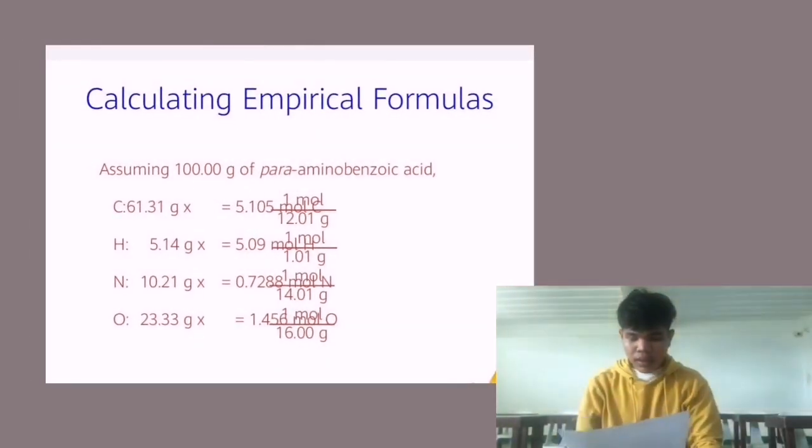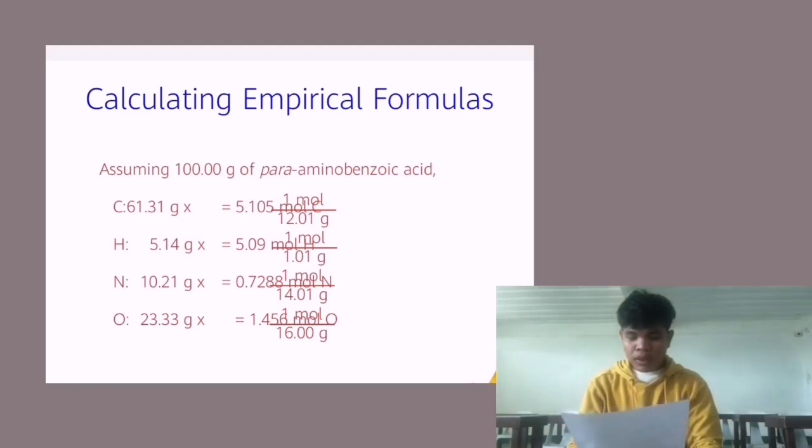Calculating empirical formulas. Assuming 100 grams of para-aminobenzoic acid: carbon 61.31 grams equals 5.105 moles, 1 mole over 12.01 grams. Hydrogen 5.14 grams equals 5.09 moles, 1 mole over 1.01 grams.